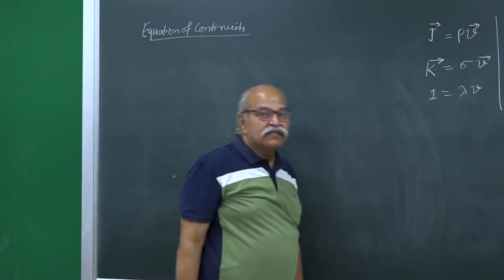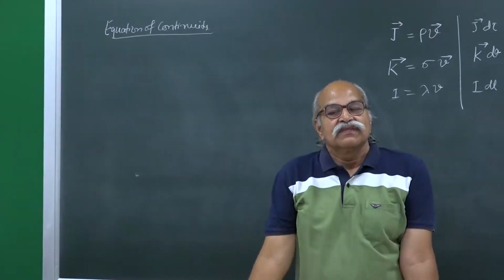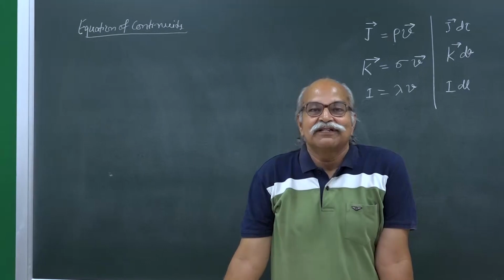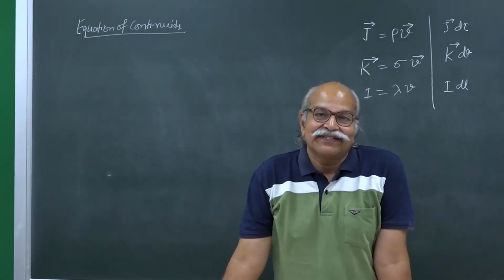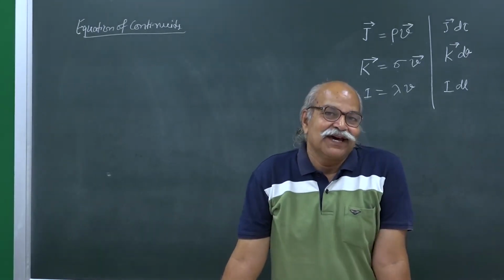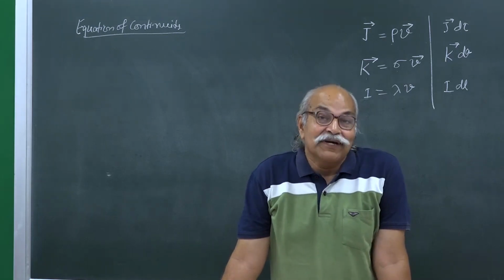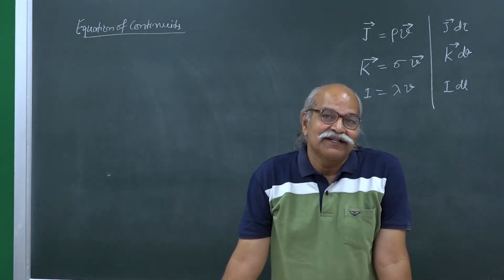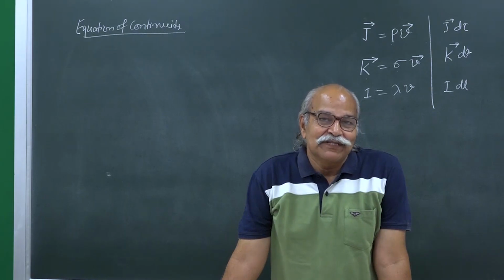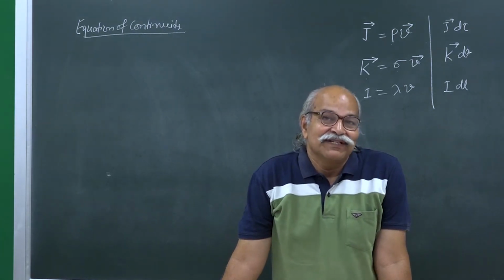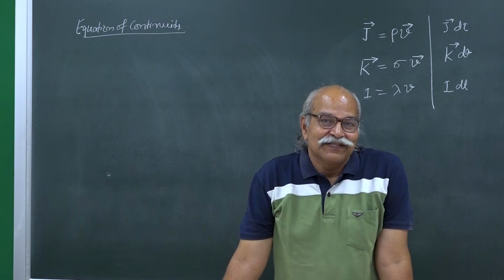This equation of continuity is essentially the statement of conservation of charge. Charges are not created and charges are not destroyed. Charged particles can be created, charged particles can be destroyed, but charge cannot be created, charge cannot be destroyed.